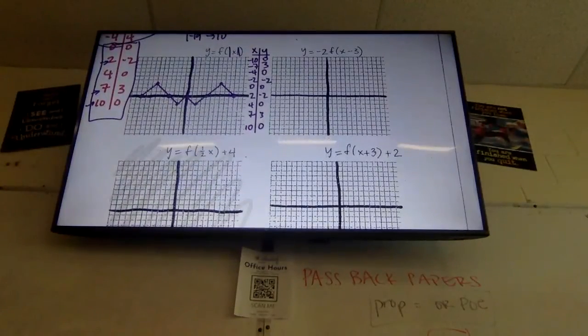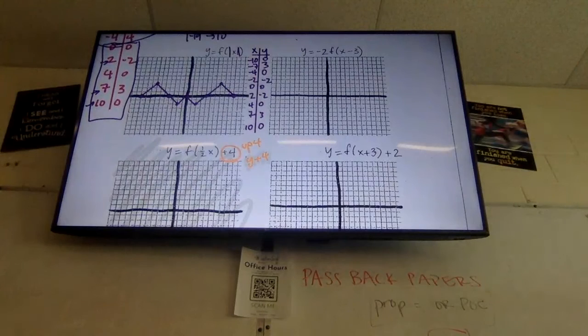I know you're packing up, but I am going to talk through what I'm going to do on the next problem, and then I'll do it and put it online. This next problem, what does this 4 do? I think we all know what that 4 does, right? Up 4, so it's like I'm doing y plus 4. And this 1/2 does the opposite of what I think it should do. So if it was on the outside, you would say, oh, we'll multiply all of our y's by 1/2, right?